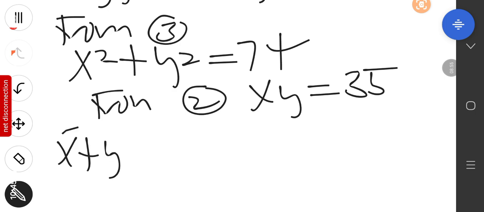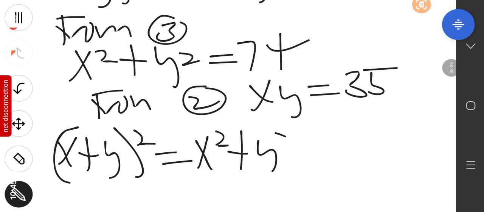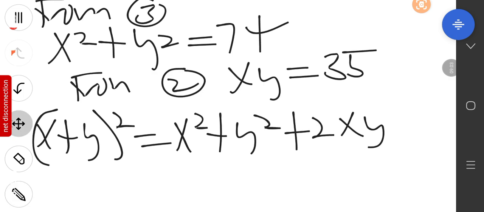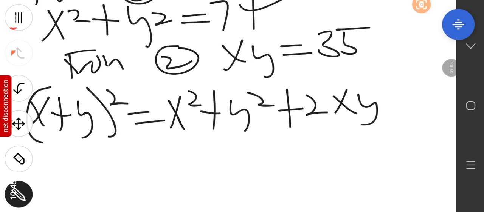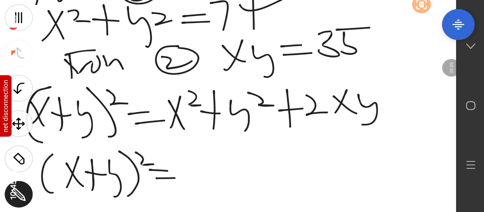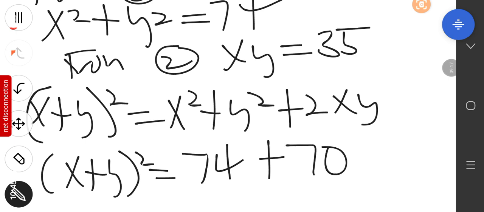Our expression is x plus y squared equals x squared plus y squared plus 2xy. So we're going to have x plus y squared equals, now x squared plus y squared is 74, and then 2xy will give us 70.